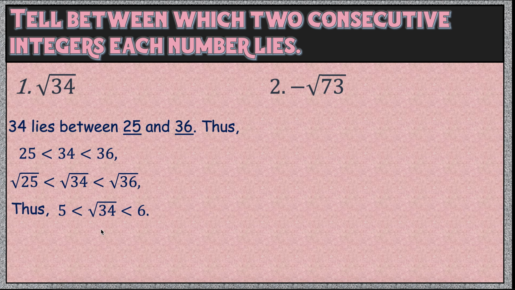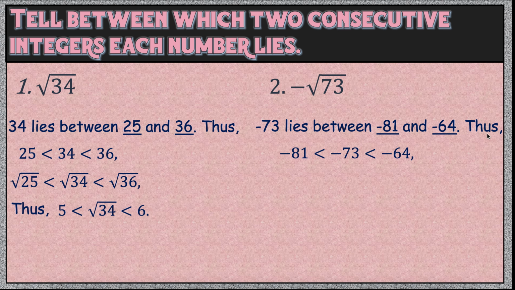Next, number 2. The given is the negative square root of 73. So for the negative 73, it lies between negative 81 and negative 64. Don't forget that it is a negative.